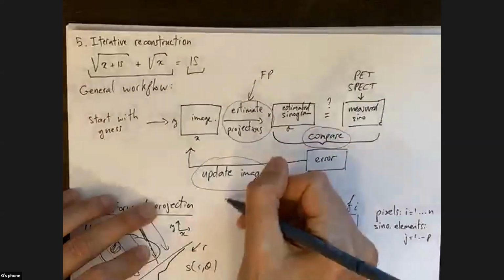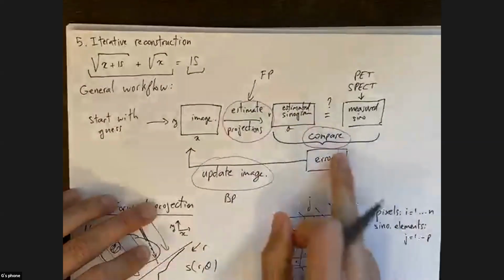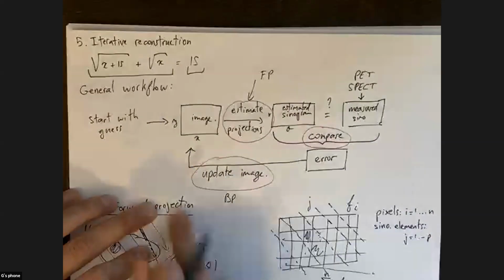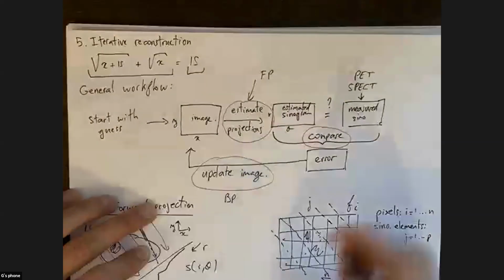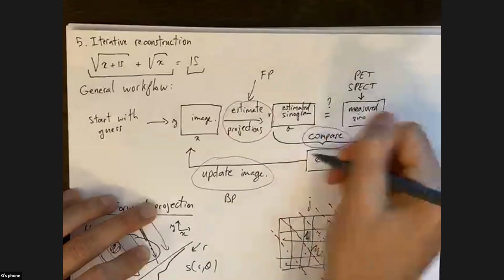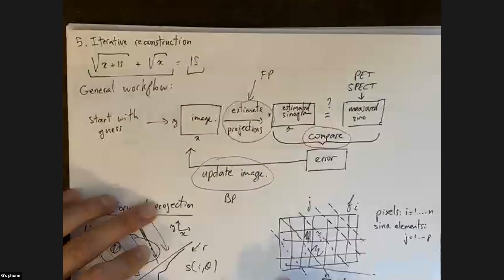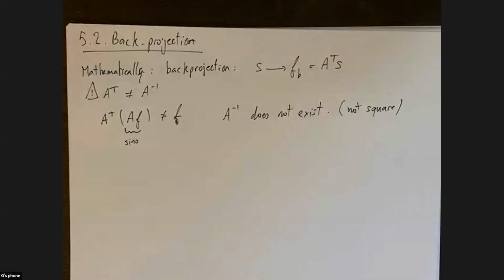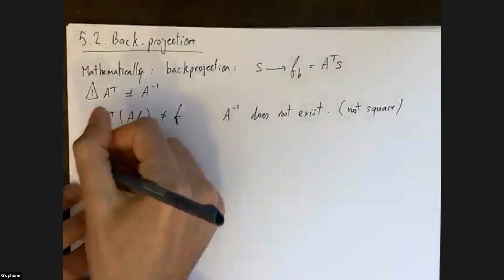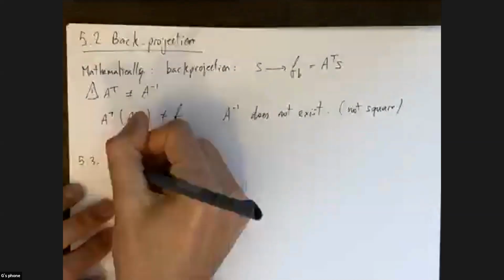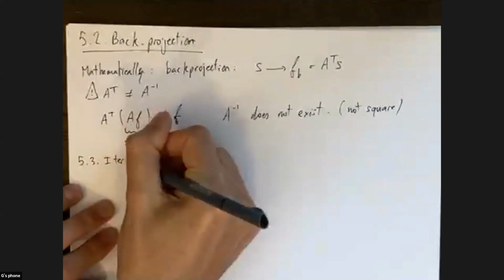And here we're going to have the back projection, which takes a sonogram and brings it back into the image domain. And then the last thing we have to talk about is this comparison, how it's actually computed. So now we're going to iterative reconstruction.